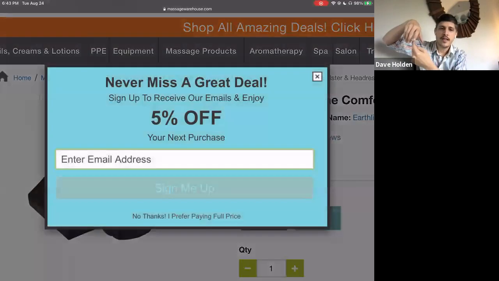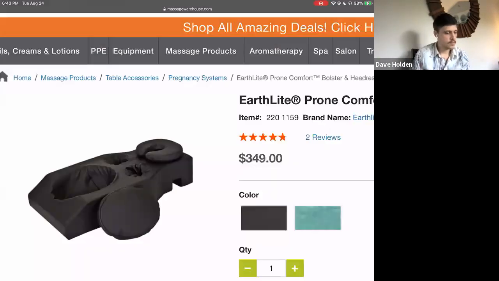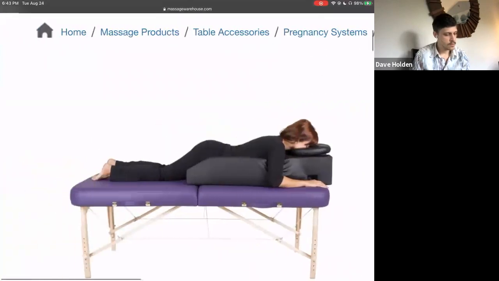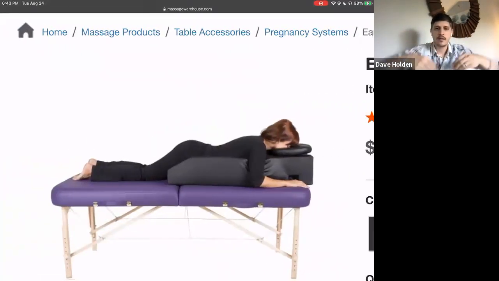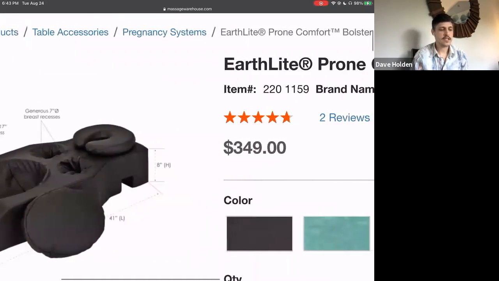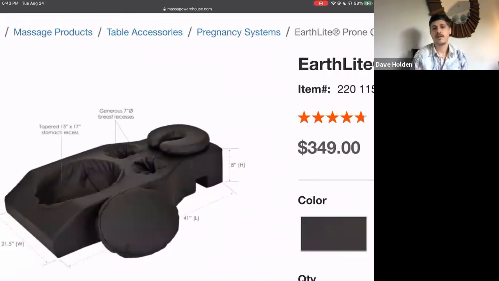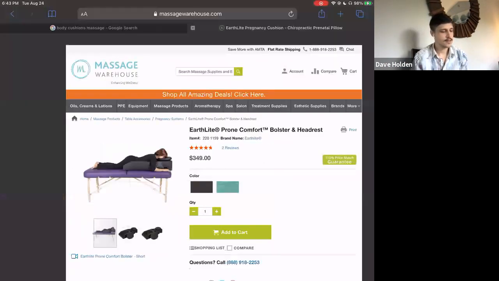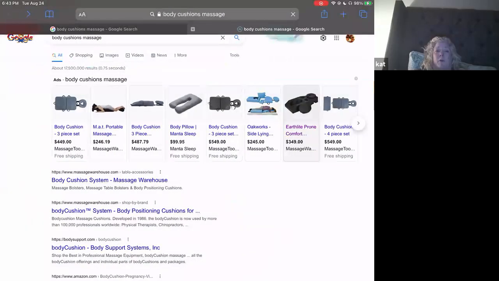You notice that little tunnel thing at the bottom? She can stick her hands into it. But that is $350. So again, if you're not invested in being a prenatal massage therapist, there's a bit of a cost. Looks so comfortable.